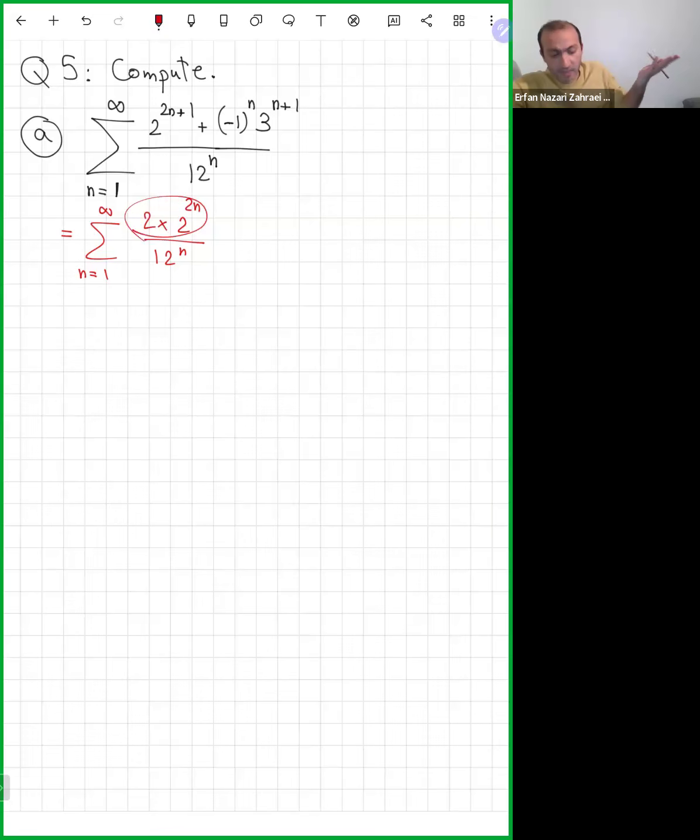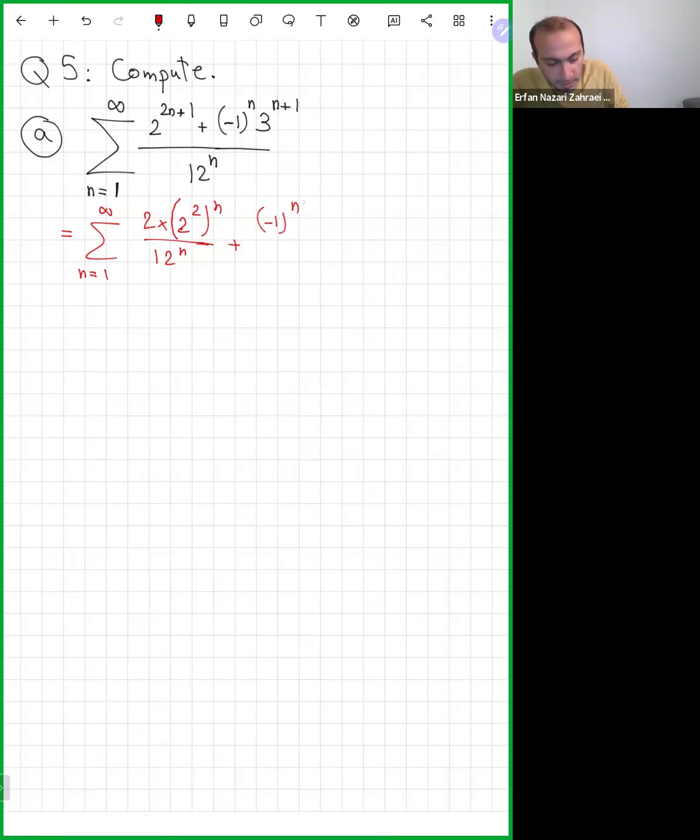This is the same as the exponent 2n plus 1. But this is still not n. To write it in terms of n, I will write 2 to the exponent 2 to the exponent n, which is 2 to the exponent 2n. Okay, good.